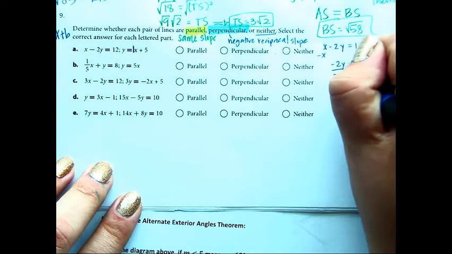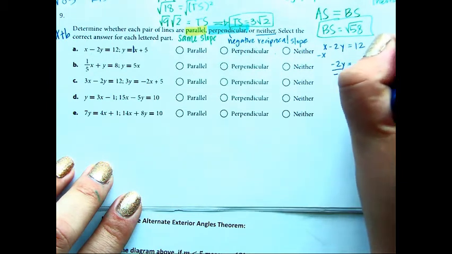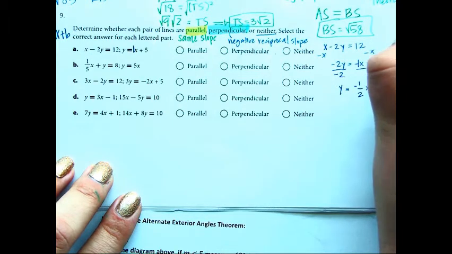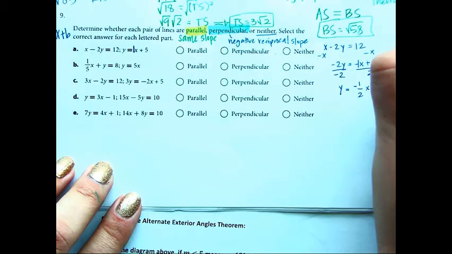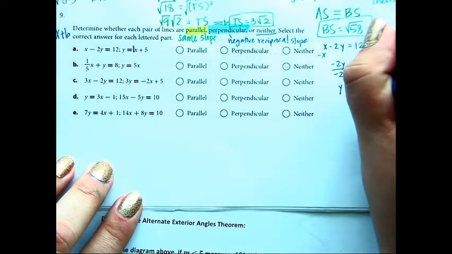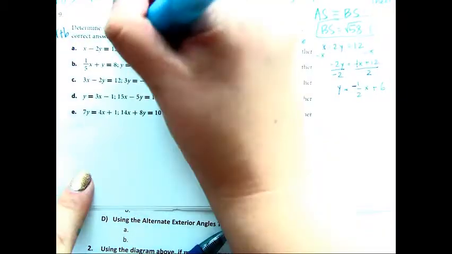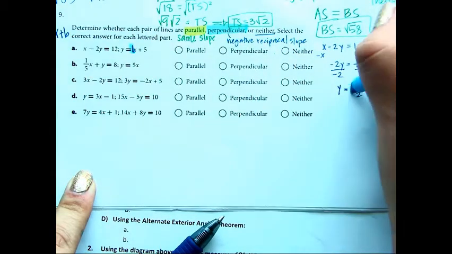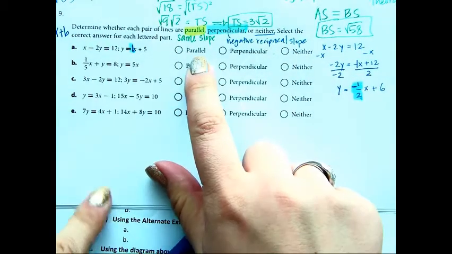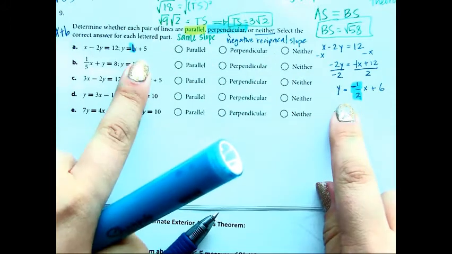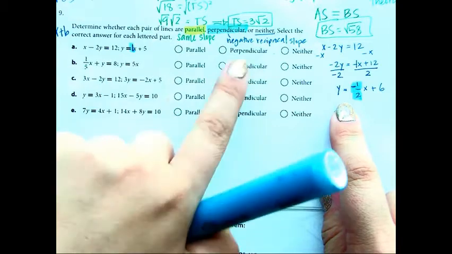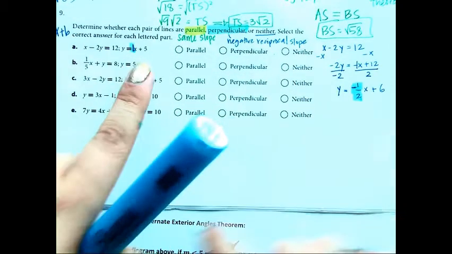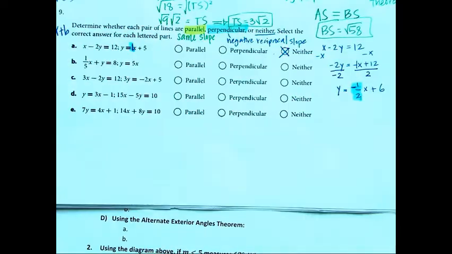So this ends up giving me y equals negative 1/2 x, 12 divided by 2, I don't really care about because all I care about is the m value, but this is plus 6. So I'm looking at the slope of 1 and this negative 1/2. Clearly they're not parallel because they're not equal to each other, and they're not perpendicular because they're not the negative reciprocal of each other. So it's neither for that first one.